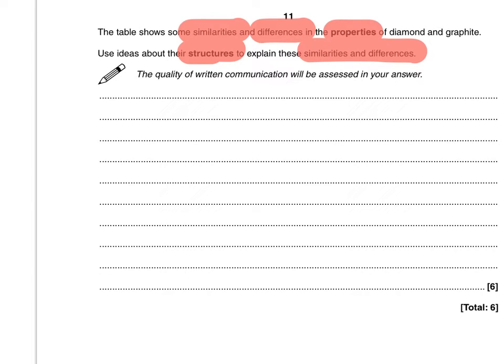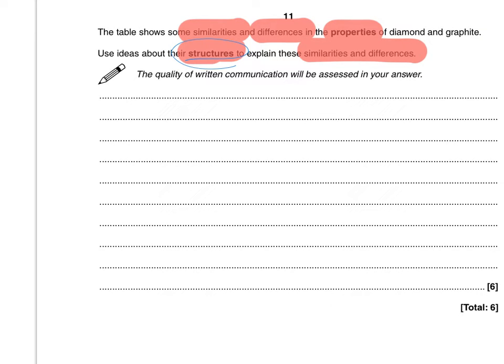So, what we'd want to be doing is we'd want to look at a couple of similarities, maybe, and a couple of differences, and then we'd want to try and explain it using ideas about their structure.